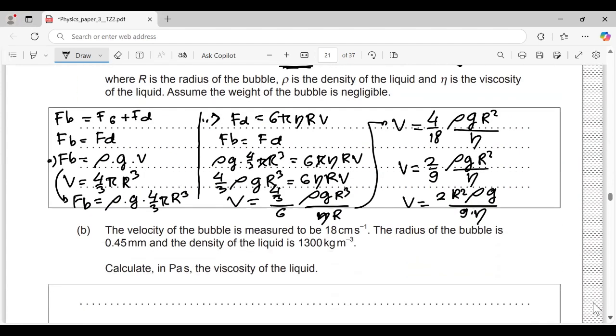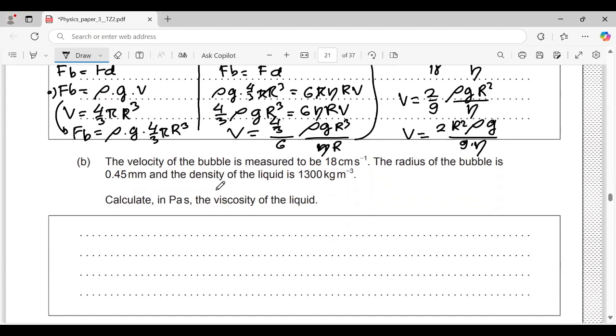Next, the velocity of the bubble is measured to be 18 centimeters per second. The radius of the bubble is 0.45 millimeters, and the density of the liquid is 1,300 kilograms per meter cubed. Calculate in Pascal second the viscosity of the liquid. So we are going to find eta.